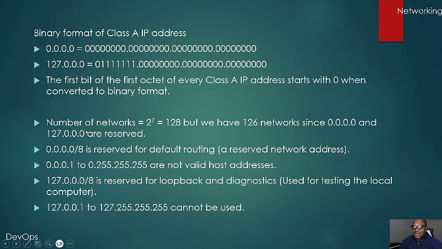So you have 126 possible networks in class A, because the first one is reserved and the last one is reserved. 0.0.0.0/8 is reserved for default routing, so you cannot use 0.0.0.1 to 0.255.255.255.